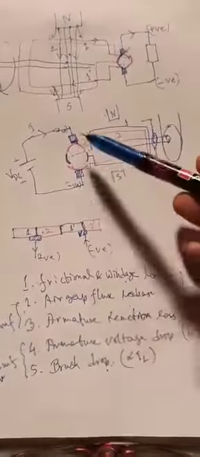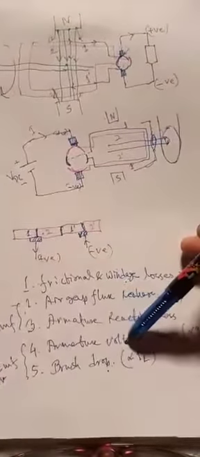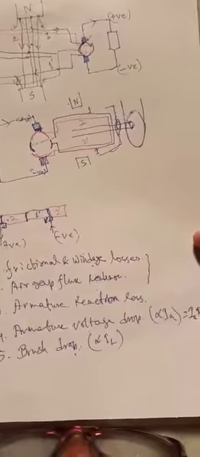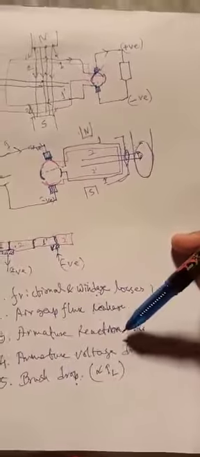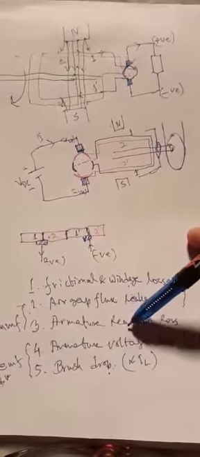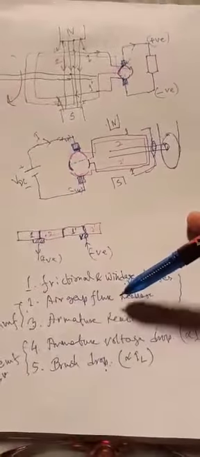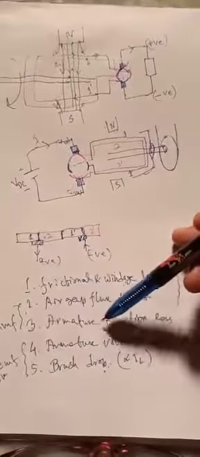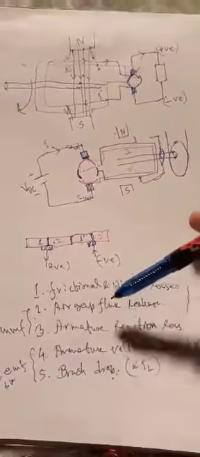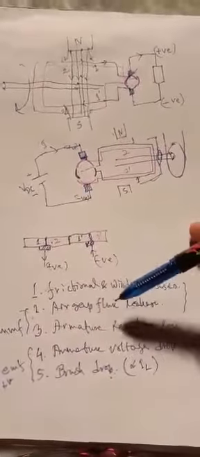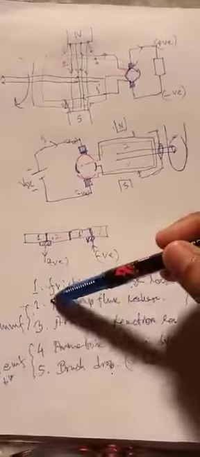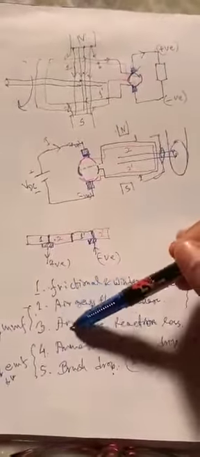After that, current goes inside the armature, then the armature voltage drop is happening, that is IA RA drop. After that, due to this current inside the armature, the reaction will happen, there will be some pole flux decrement, and as well as due to the air gap between the stator and rotor, there will be air gap flux leakage, and these two will reduce the MMF.